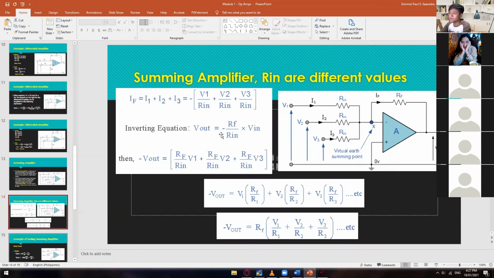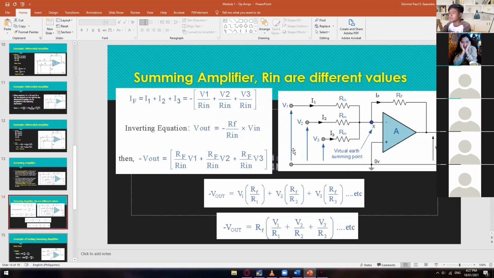But if you have three inputs, then you have to use this one now, which basically came from the inverting equation: negative Vout is equal to RF divided by Rin times V1. This is for the first line. The second one is RF divided by Rin times V2.